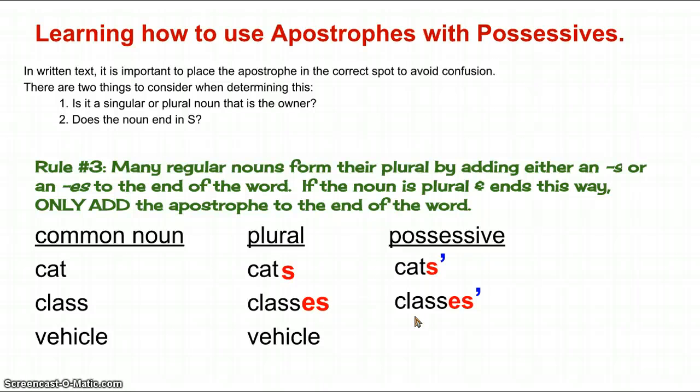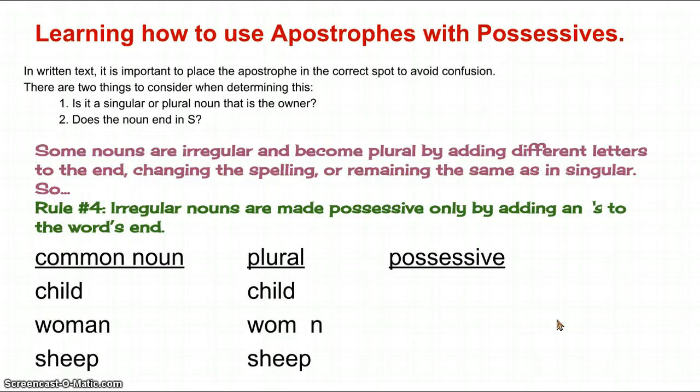C-L-A-S-S-E-S apostrophe. Now let's look at vehicle. We have the word vehicle in its singular form. How do we make it plural? Add an S. Good. Since it's a plural noun and it ends in S, according to the rule, what are we doing? We are only adding an apostrophe. Okay, very good. That's rule number 3.